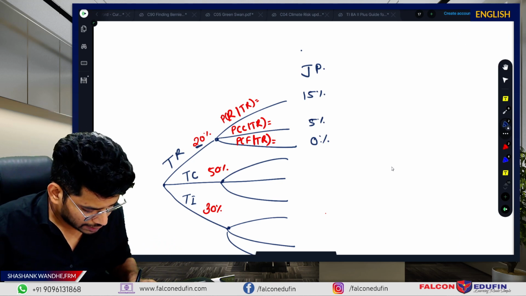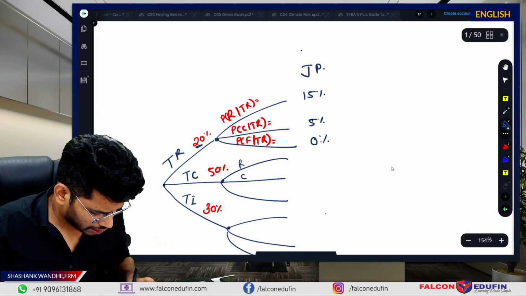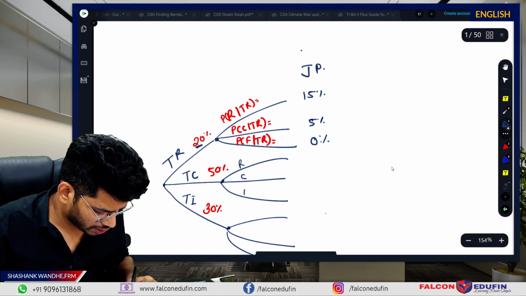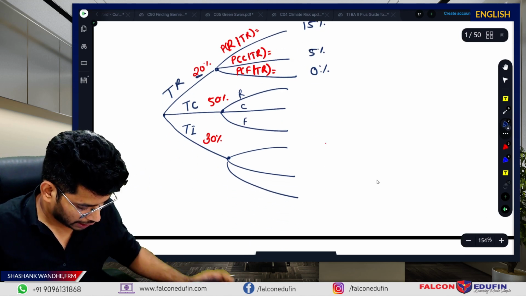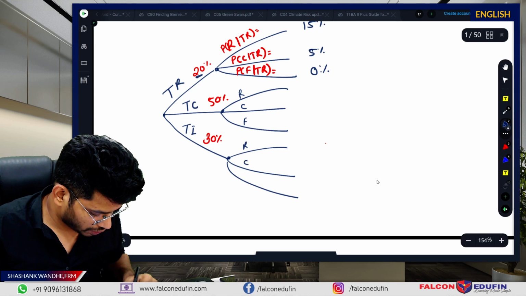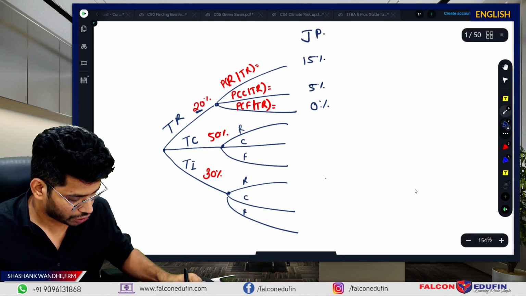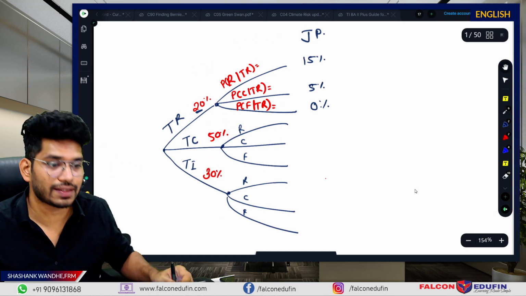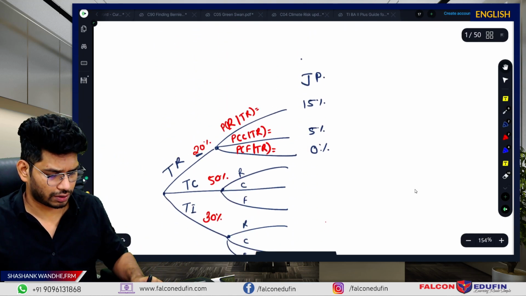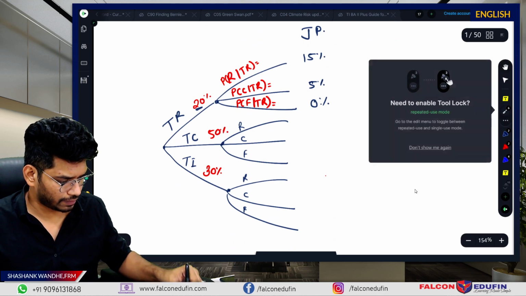The similar case will be applicable here. Share price rise, constant, and fall. And then again, rise, constant, and fall. All these are the conditional probabilities. This section is conditional.